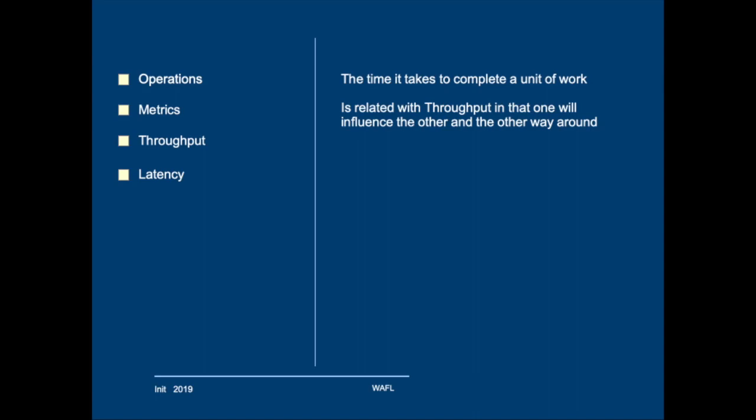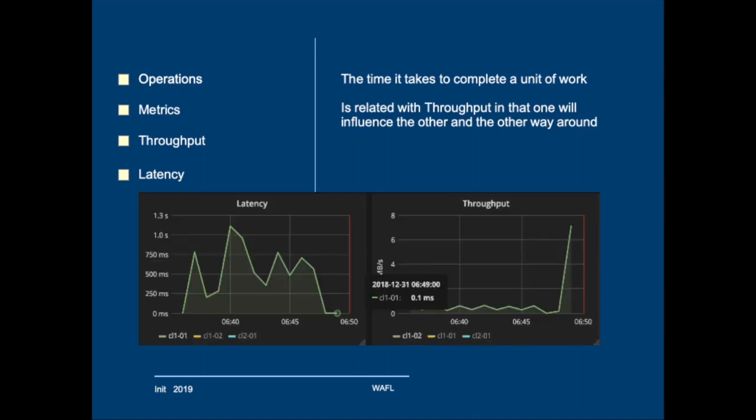So throughput and latency are strongly related in the sense that, in general, if latency increases, then throughput will usually decrease. So if you have to wait longer before something is completed, what you can complete in that particular time will be less than if you need less time to complete something. And obviously that works two ways. If your throughput increases, then your latency will probably decrease.